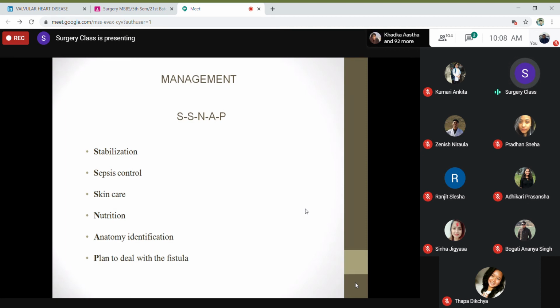The most important thing for healing of any fistula, or any patient in the post-op period, is nutrition. Then anatomical identification of exactly where the site of the fistula is, and a plan to deal with it. Once you know the exact site of the fistula, it is easier for us to manage the patient, because our management differs according to the site of the fistula.